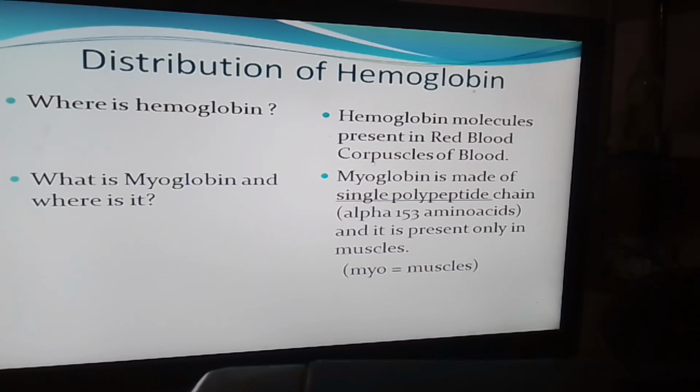So with that idea, you can understand all these important terms: hemoglobin, heme, myoglobin, tertiary structure, a tetramer, and then porphyrin ring, and all those.